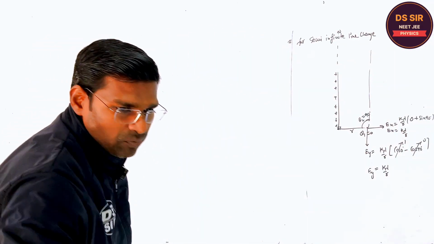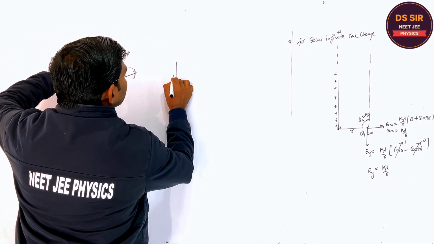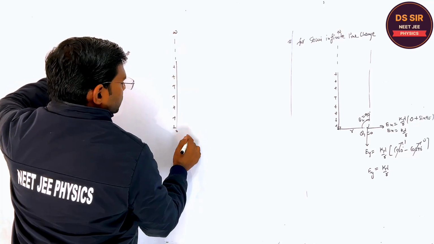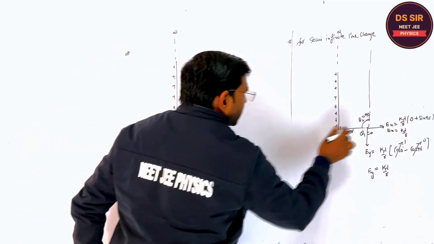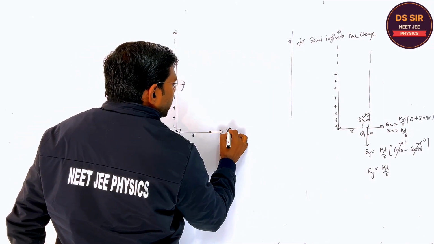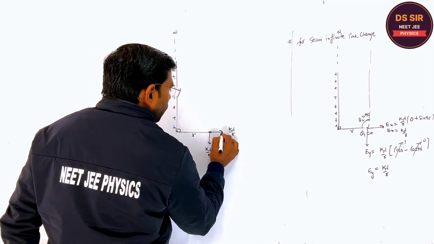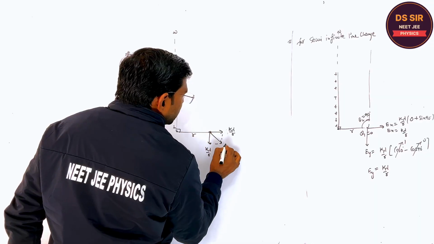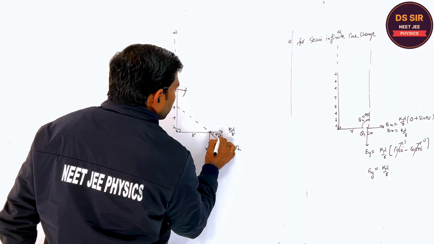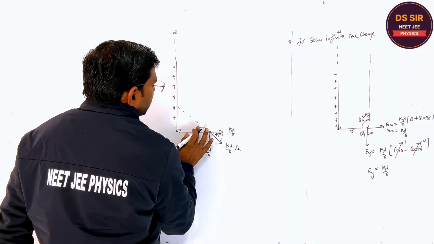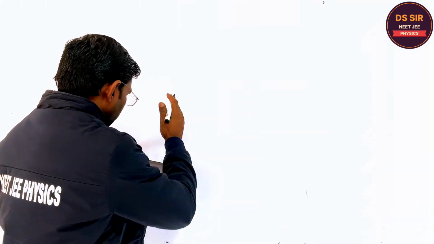Now see, you have to remember this result also. For a semi-infinite line charge at a point at distance r, this component of the electric field is kλ/r and this is also kλ/r. So what is the net electric field at this point? √2 kλ/r. And at what angle is it? 45 degrees. You have to understand and remember this, right? Copy this.